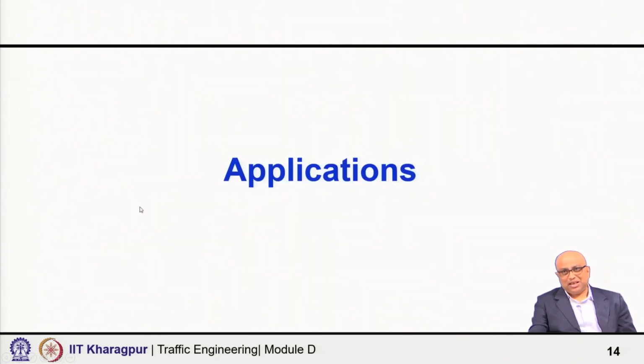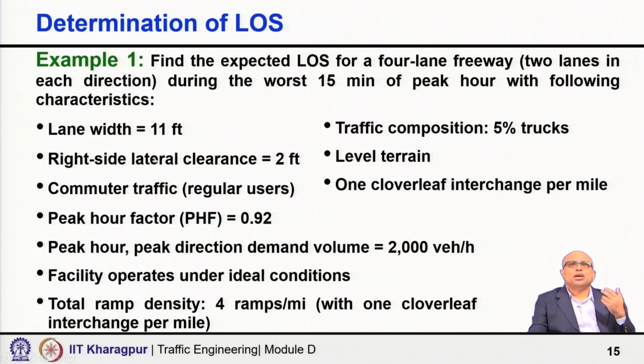Now, let us look at the applications to understand it even better. We will pick up two examples quickly. One is a freeway segment, another is a multi-lane highway segment. First, the freeway segment. Find the expected LOS for a 4-lane freeway, 2 lanes in each direction. Every piece of information is important.